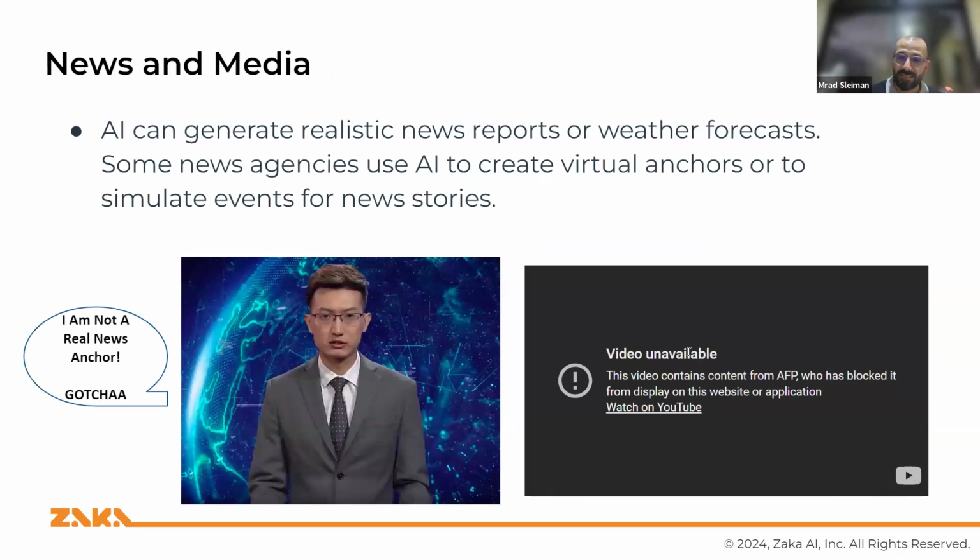This is another example. You can use generated anchors, AI anchors. Okay, this person is not real, like to deliver news reports or maybe weather forecasts. So this is going to elevate the level of how you are delivering information to people. Okay, and this is done using generative AI. All right.